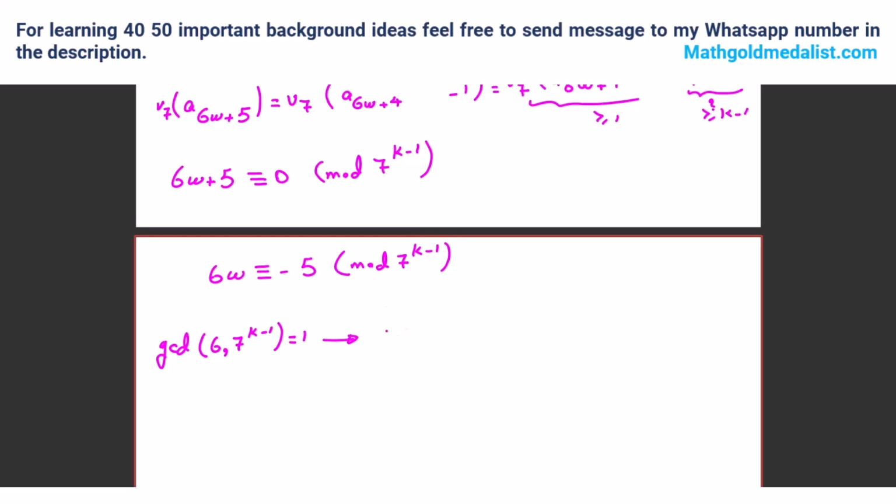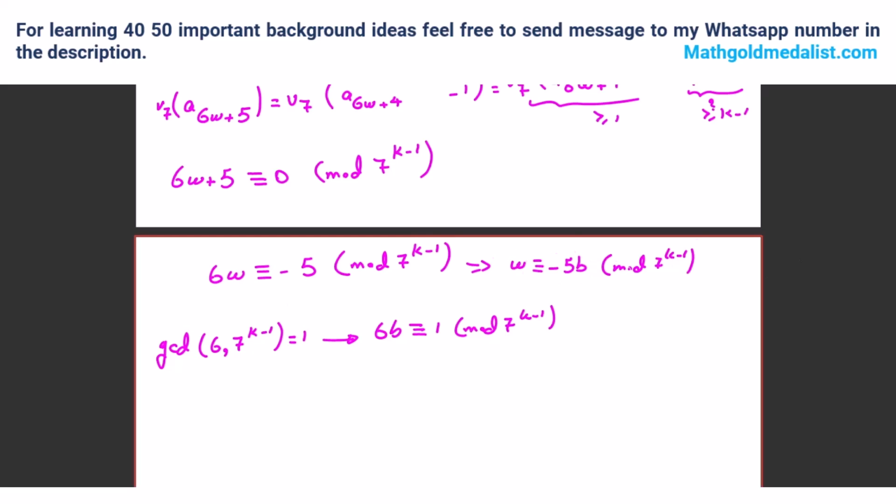Then there exists a number, we can call it 6 inverse. It is an integer, not 1 over 6, but in modular arithmetic we can write it like this. Or if it is not good for you, you can say, okay, the multiplicative inverse of this, suppose it's b. 6b is 1 mod 7 to the k minus 1. So we can multiply both sides by b, so w is congruent to negative 5b mod 7 to the k minus 1. So you can add 7 to the k minus 1 to reach a positive integer.